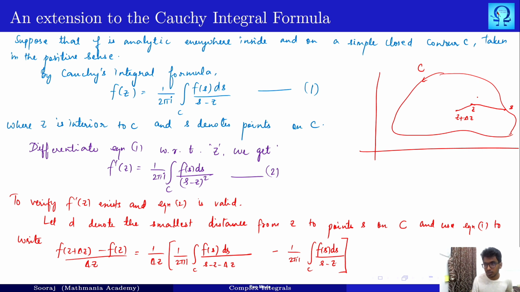So we'll have to choose in such a way. This is z, this is z plus delta z. This distance is the absolute value of delta z, and this is the point s, so this distance is the absolute value of s minus z. And your d has to be smaller than this. We'll have to choose in such a way.